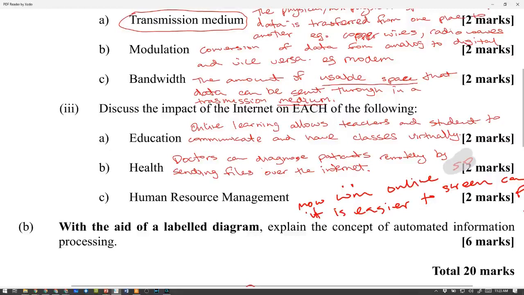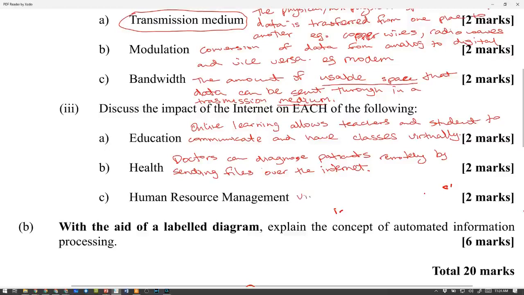So now you could have virtual interviews with people, and you can get hired for jobs without having to physically be there for the interview.